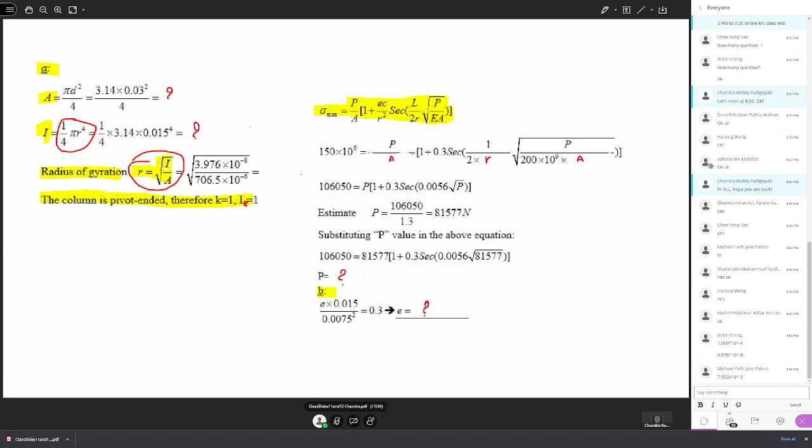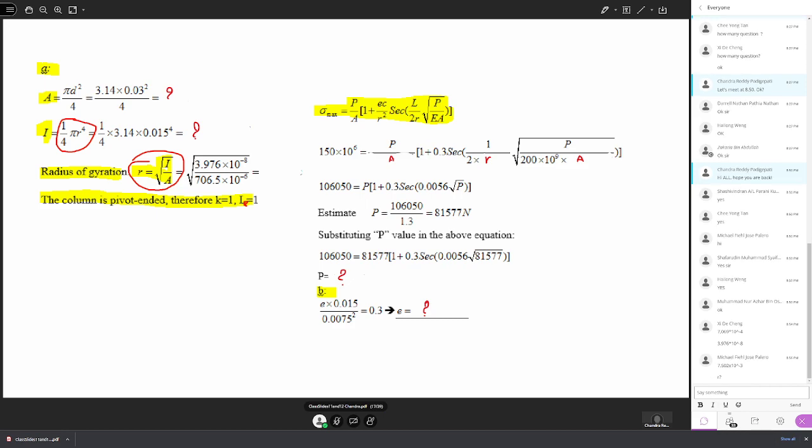Michael says 7.502. So what is that 7.502? Is that r? Okay, so what is the unit? You will get 7.5 mm.